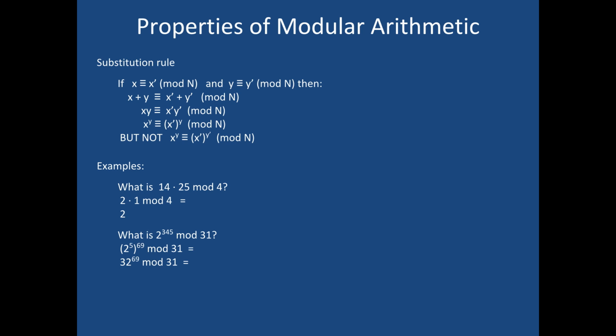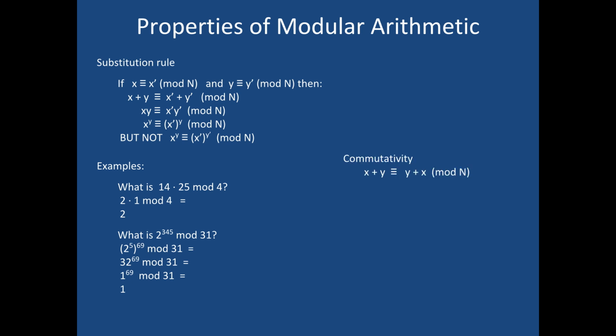Well, what is congruent to 32 mod 31? 1. So the substitution rule says we can replace that 32 with a 1 and get the same answer. Voila. If you actually tried to compute this and take mod 31 on a regular old calculator, I don't think you'd get the right answer. You'd have round-off error or something.